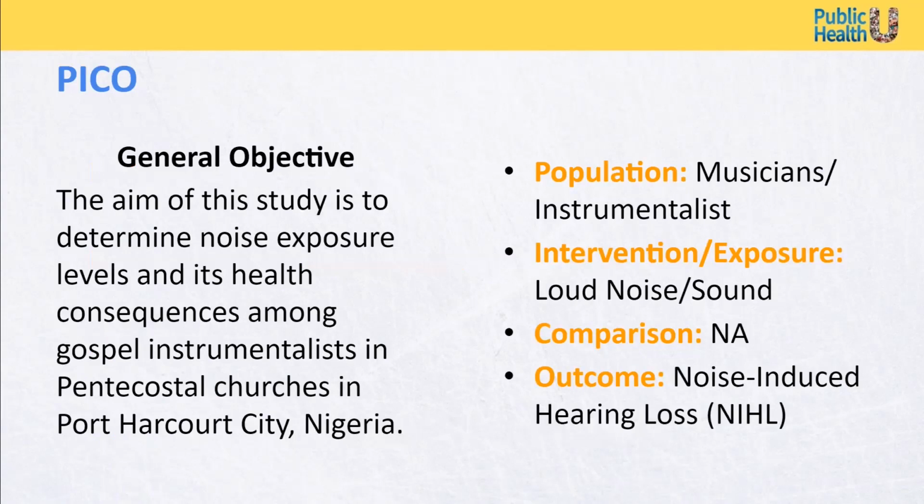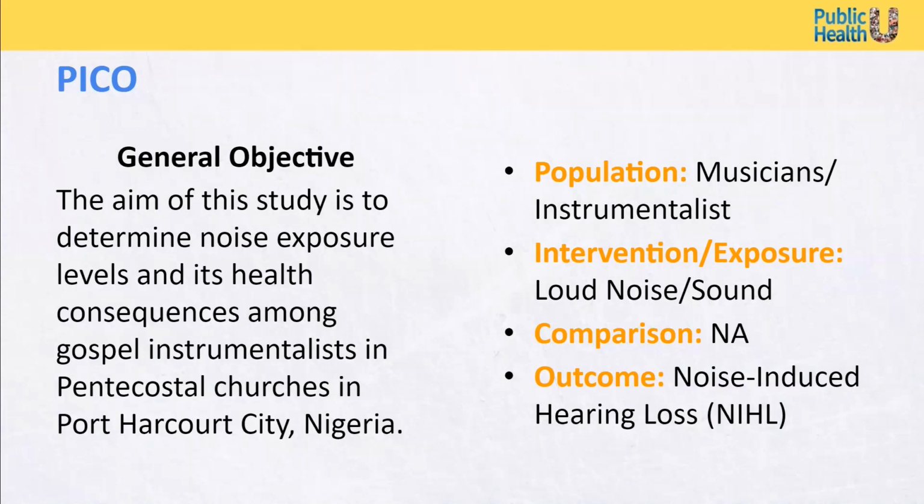So I'll use my own study as an example. The aim of the study, which is almost like the title of the study, is to determine noise exposure levels and its health consequences among gospel instrumentalists in Pentecostal churches in Port Harcourt City, Nigeria, where I live. So what is the population here?